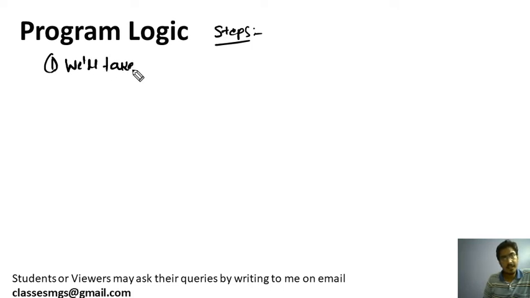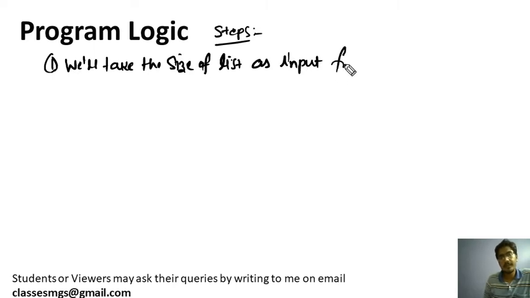We will take the size of the list as input from the user, because the user will give us the list and its size, then only we will apply the concept and we will find out the sum of the elements.